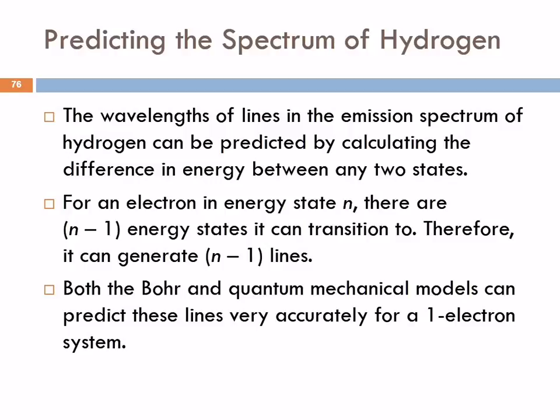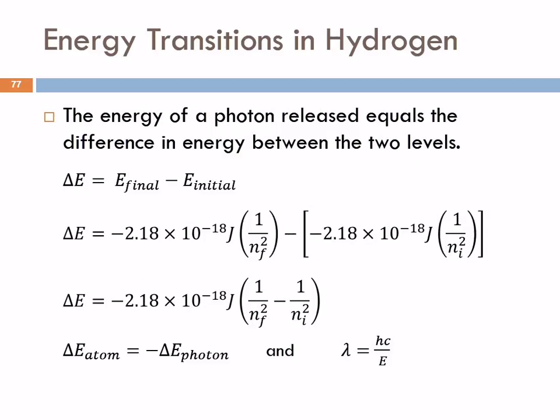And Bohr and the quantum mechanical model predicted these accurately. But Bohr could only do it for hydrogen. The one electron system is much easier because the electrons don't interact with each other. And this is what we're going to get into on Thursday when we do our experiment.